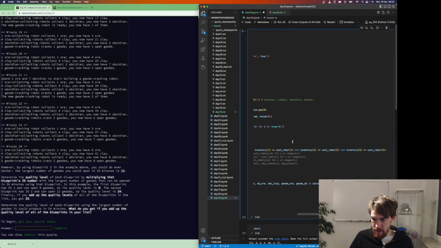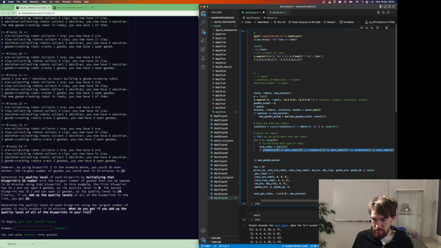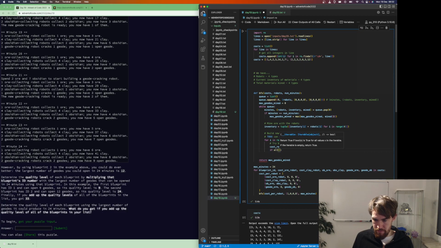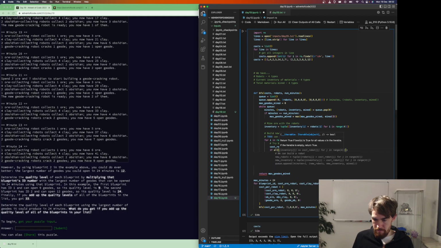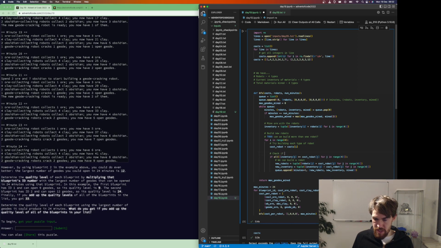if we can afford it, check if we have enough materials to build robots.